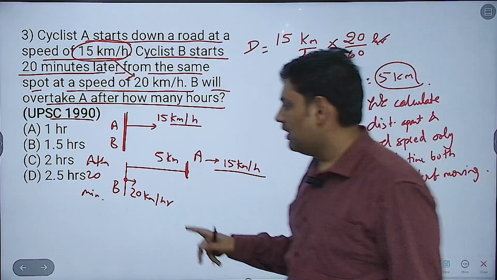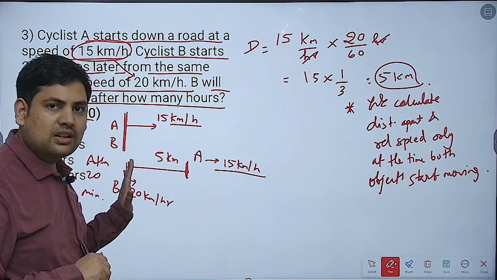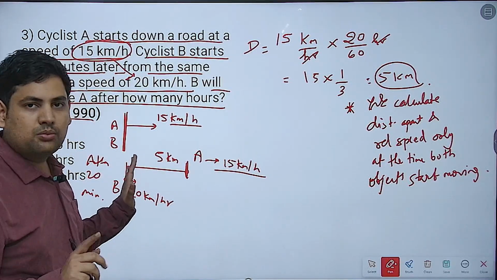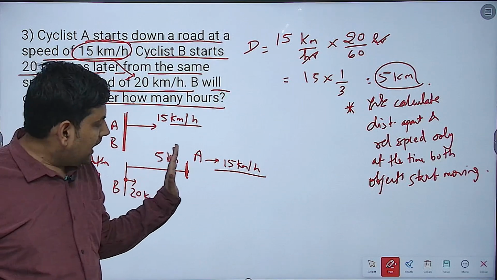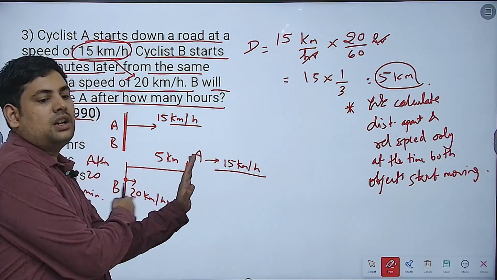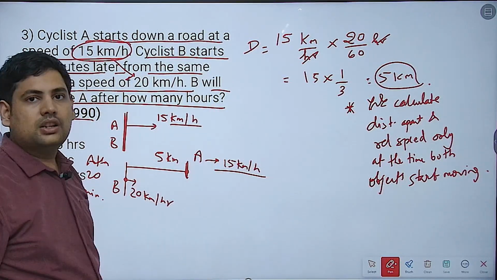So the first thing is when they both start moving. Right now A is moving, but B is still in its place, so B is not moving. So we cannot take the distance apart or relative speed here. When A reaches 5 km, now B starts moving. So now we will take this distance and now we'll take the relative speed.